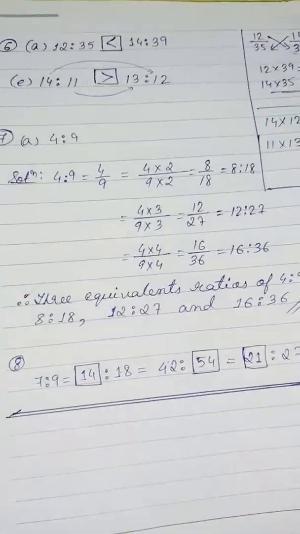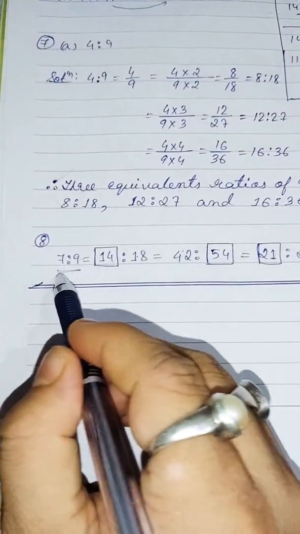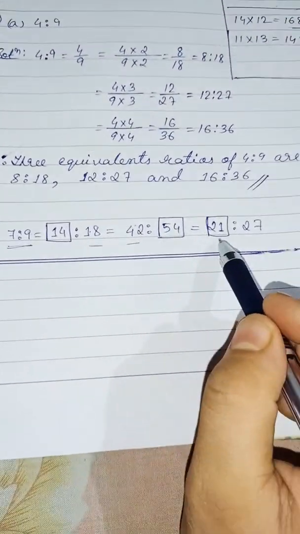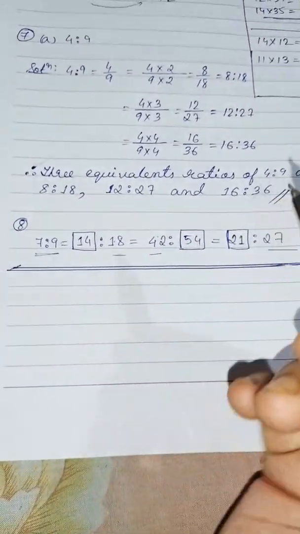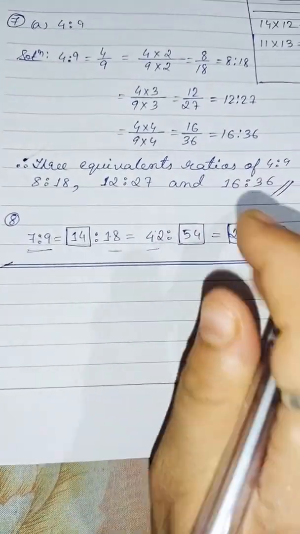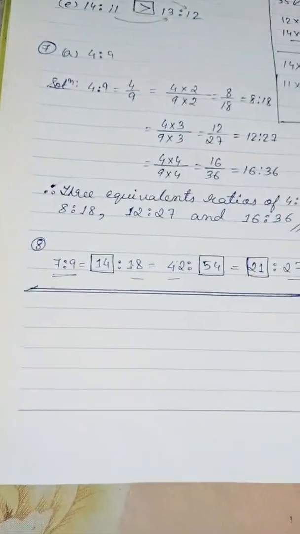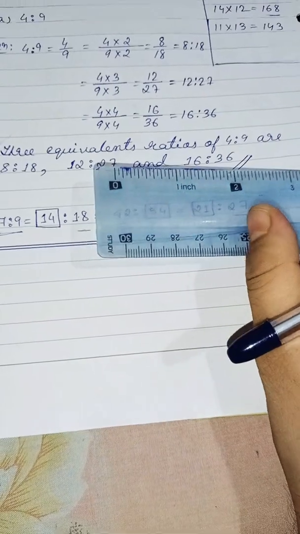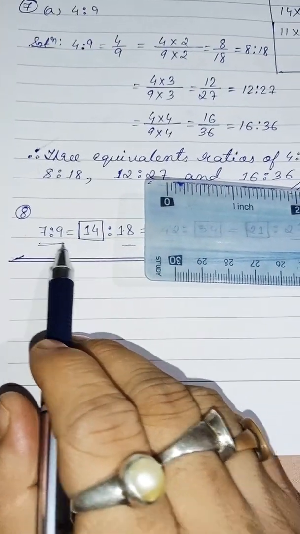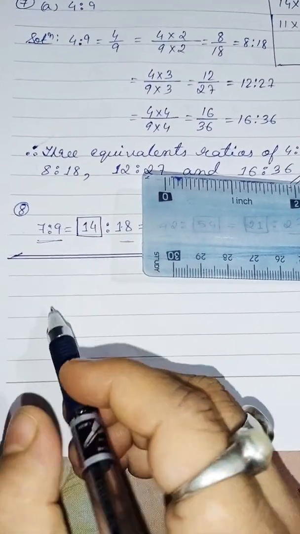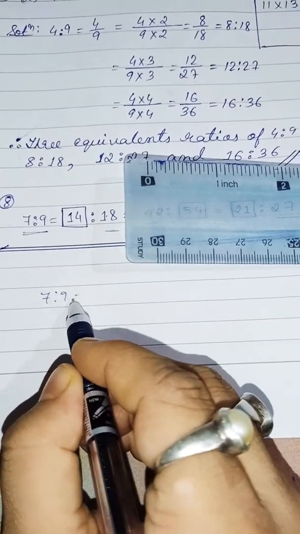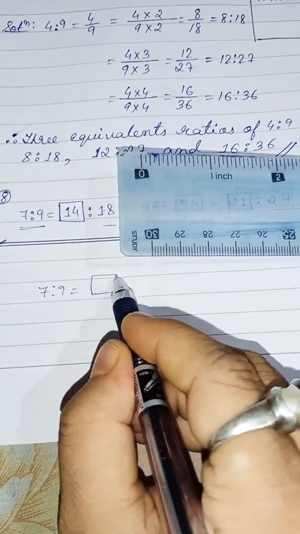Then comes find the missing number. Here this is given, this is given, this is given, and this one is given. You have to find out the missing numbers. How? First of all, forget about all these things. Okay, forget about all these ratios. Just take a look at this. 7:9 is equal to something is to 18.